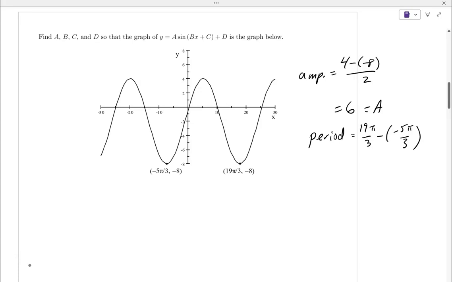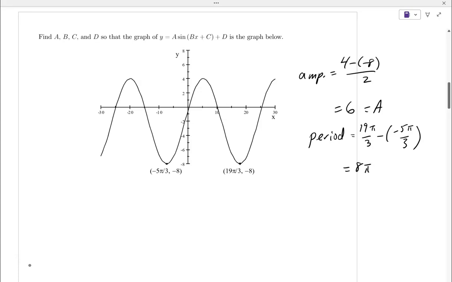Notice that the 4 minus a minus 8 is giving you the length of the y interval. The reason why we divide it by 2 is, again, the amplitude talks about distance from the middle. But period is going to be length of your x interval. What is that? 24 pi over 3 or 8 pi, if I simplify that right.